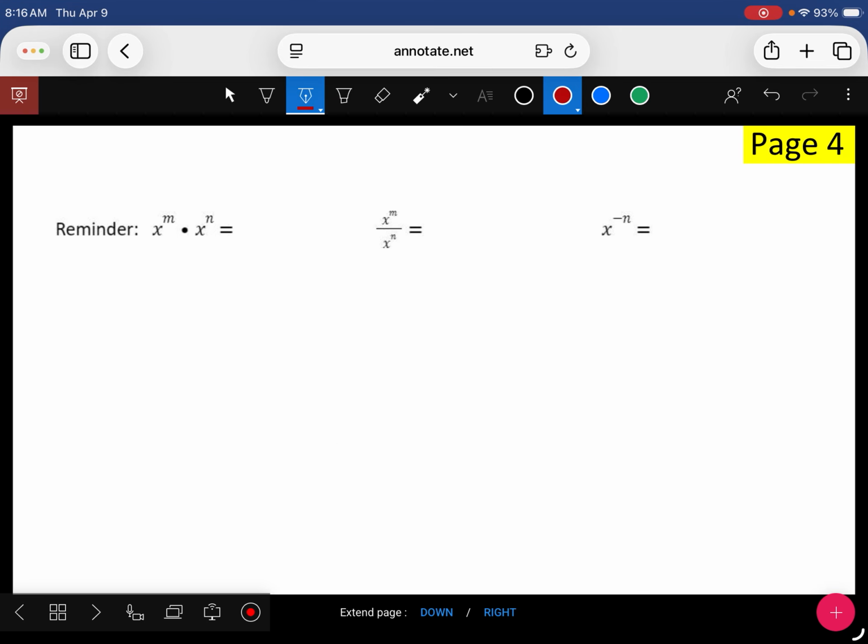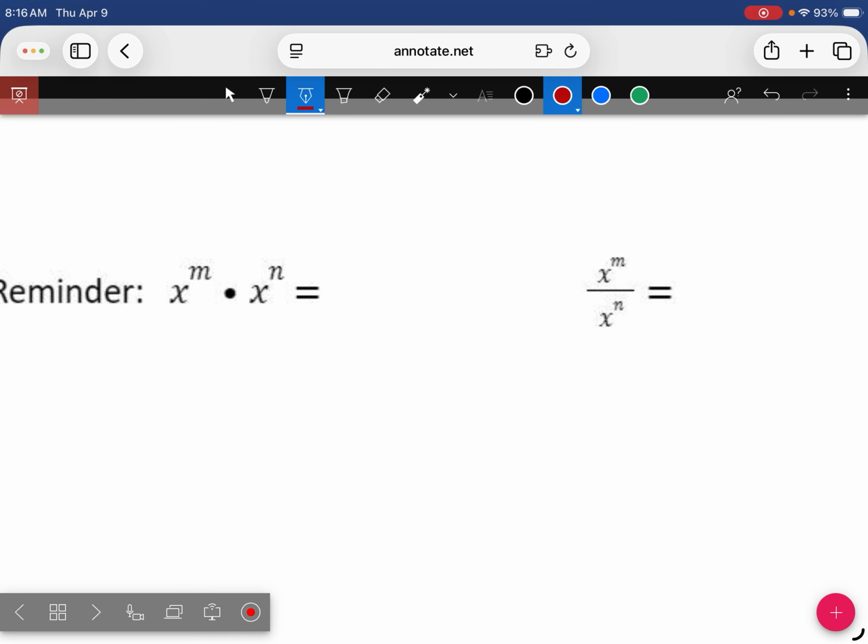Okay. So let's go over our exponent laws. Anytime you're multiplying, if I'm multiplying and we have the same base, I'm going to add my exponents. So this would be x to the power of m plus n. So we add if you're multiplying and the bases are the same.